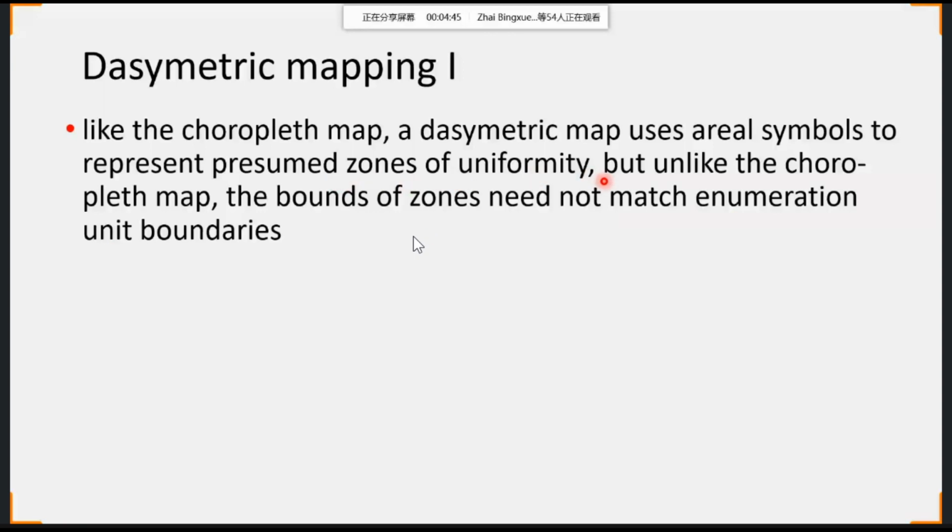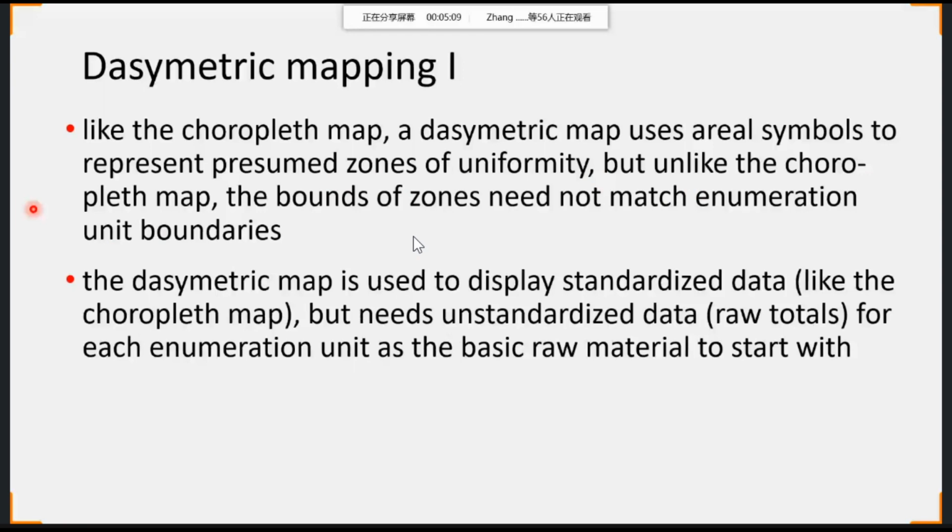So we assume that within these areas, data is more or less homogeneously distributed. So we think in the whole area we have the same value. Of course, sometimes we know this is not true, but we have just data for the whole area. And you will see then what's the difference here.